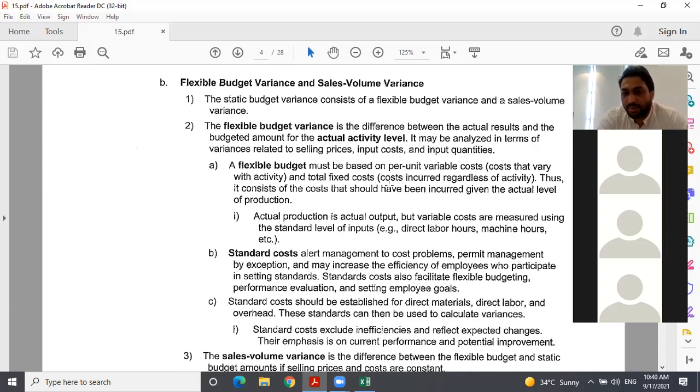The flexible budget must be based on per unit variable cost and the total fixed cost. Thus, it consists of the cost that should have been incurred given the actual level of production. Actual production is actual output, but variable costs are measured using the standard level of inputs. So here, in the flexible budget, we take the actual figures, like what the actual cost was. Okay, then what else?